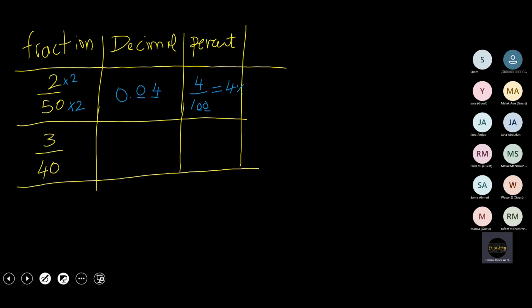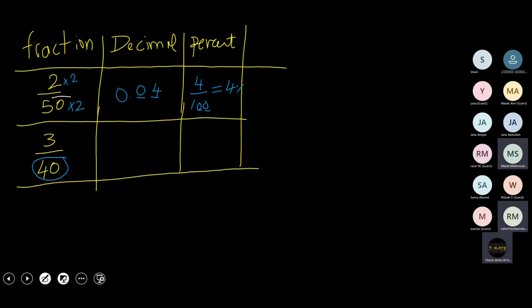But what can we do if the denominator is not a factor of 100? If there isn't any number that I can multiply by to get 100, what can we do? We will divide.